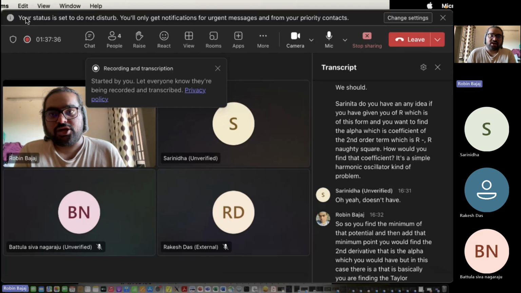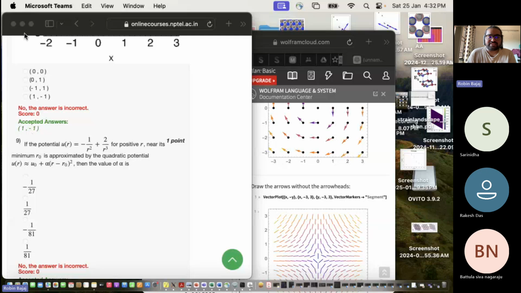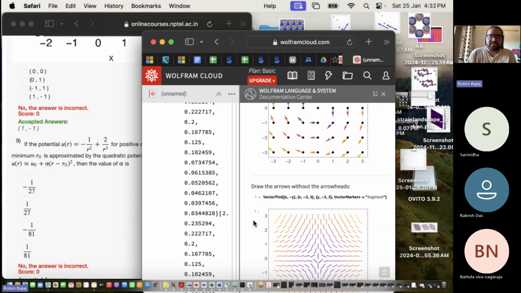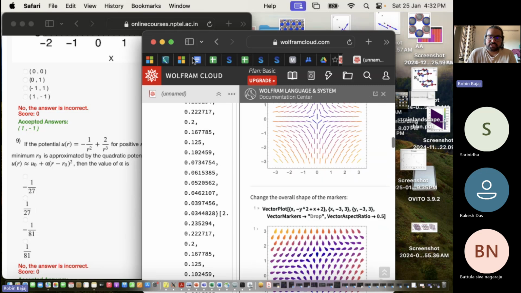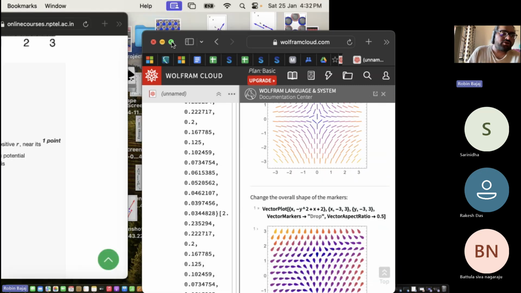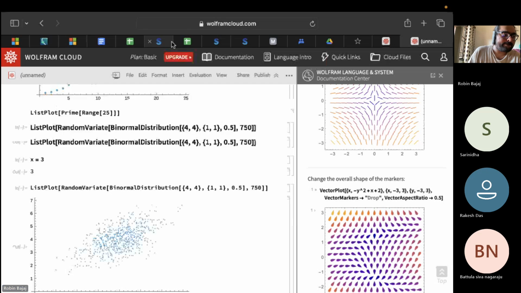Now in Mathematica, how simple that is: you can give any function to it and it will give you the Taylor expansion. Did they teach you in the class how you find the Taylor expansion?